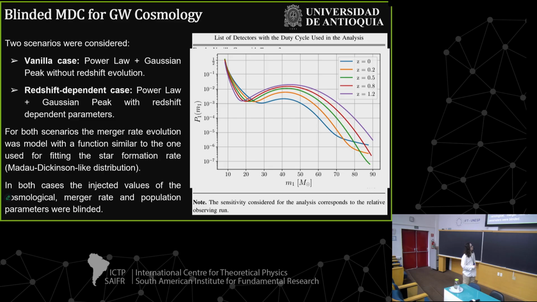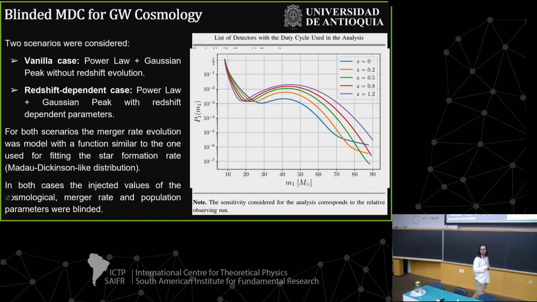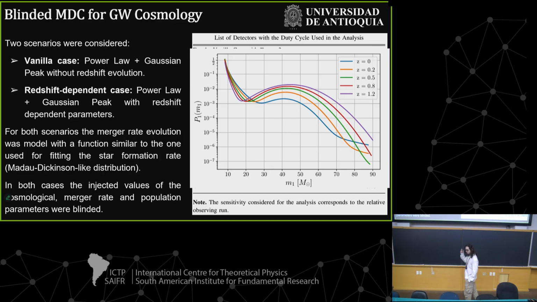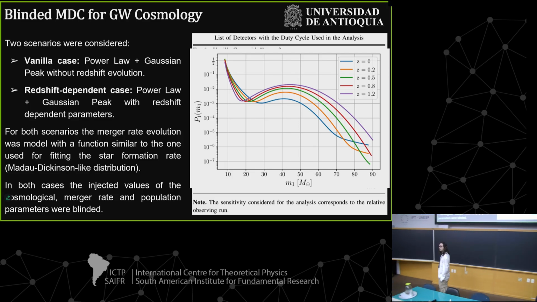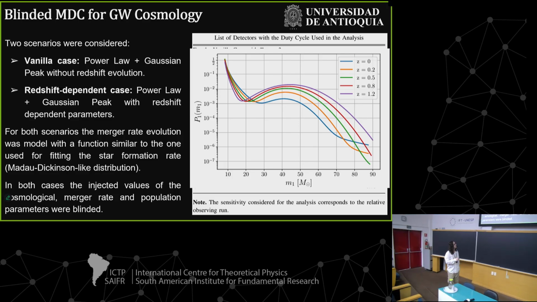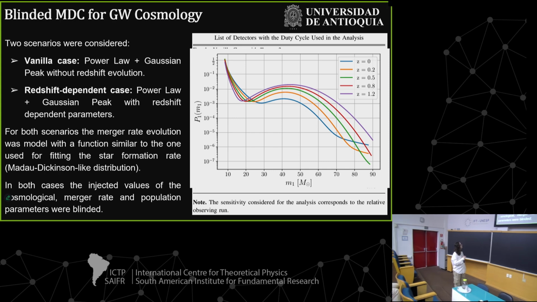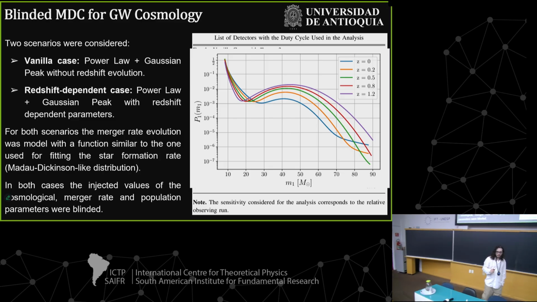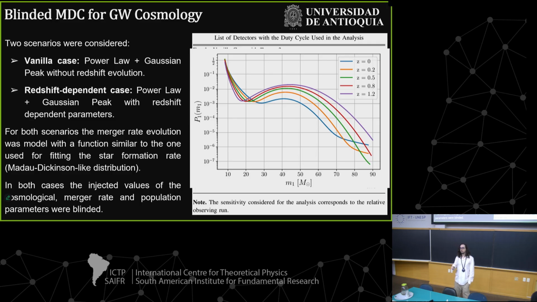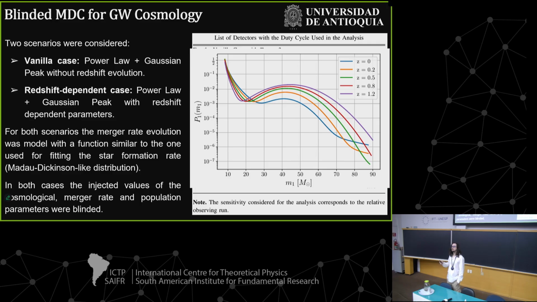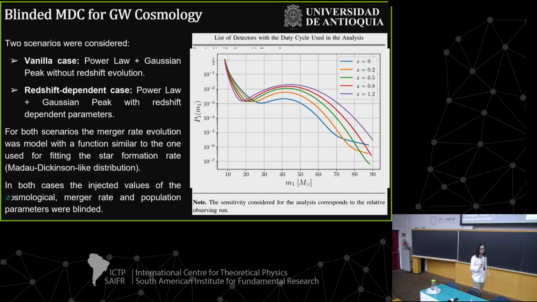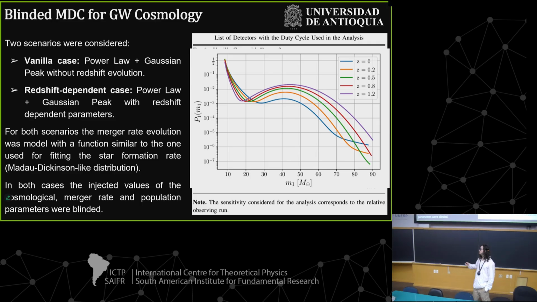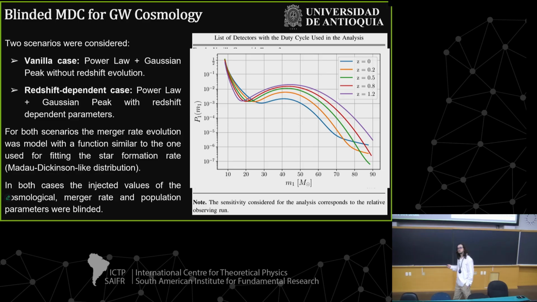Okay, so for the redshift-dependent case scenario, I forgot to mention, the primary mass is a power law plus peak Gaussian, the PLP model. In the redshift-dependent case, it's the same distribution, a power law plus peak, but the parameters of the distribution, like the power of the power law and the mean and width of the Gaussian, all have a linear dependence on the redshift.